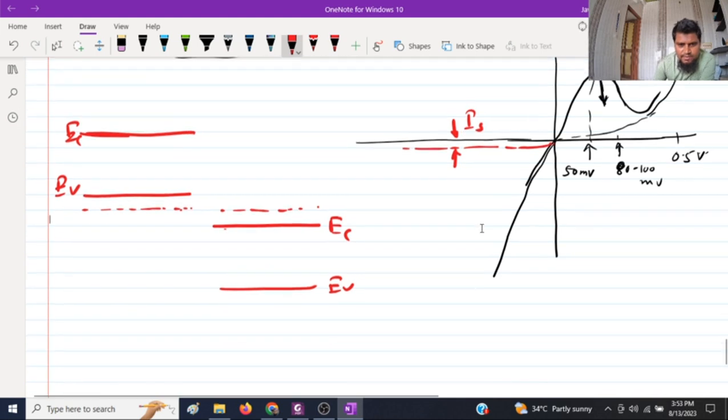Now if you give a little reverse bias, the whole system will shift, right? So that will not be aligned, but it will shift. It will shift down. So let me shift it by some amount.